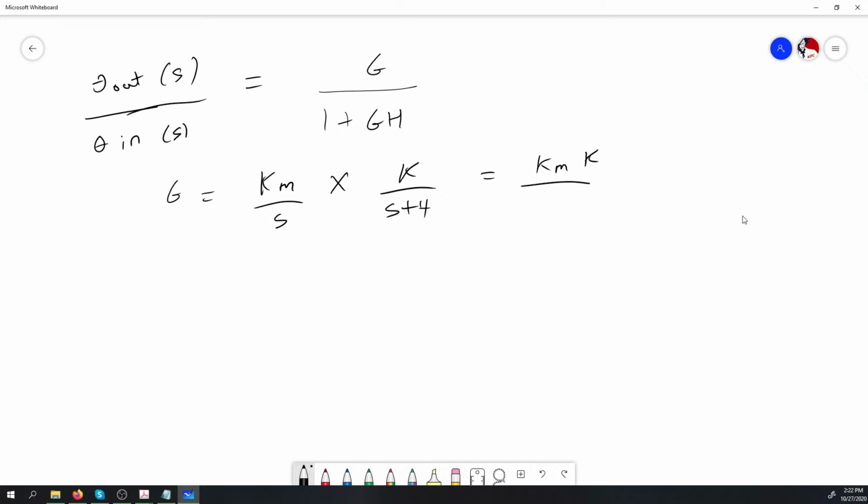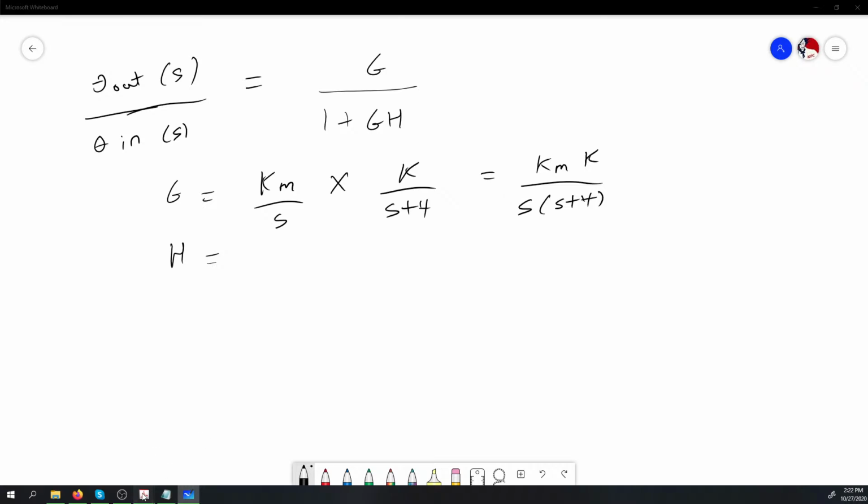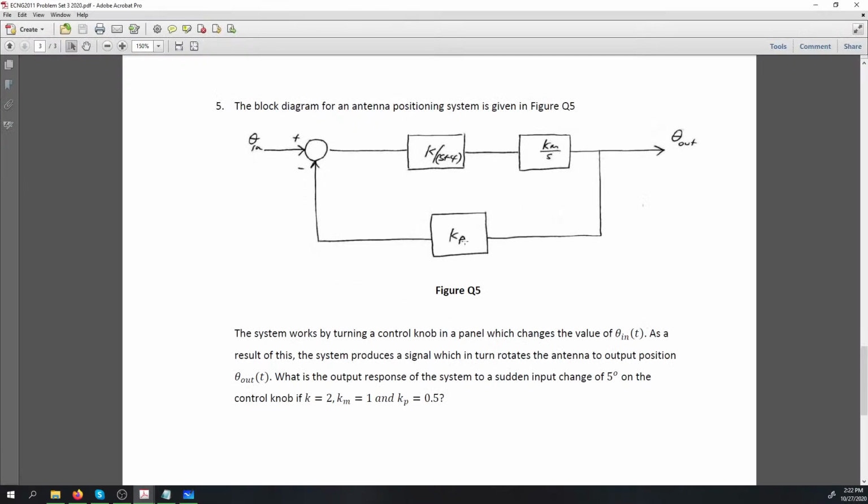And our H block, the feedback only, is going to be Kp.